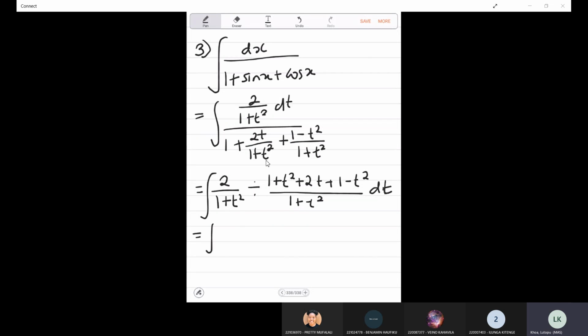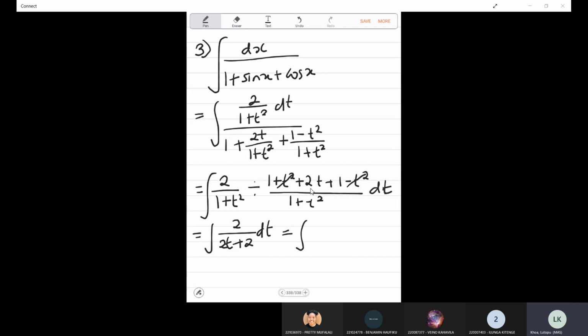This is the integral. The division changes to multiplication, and we can see that the 1 plus t squared and this one will cancel. Same thing here with the t squared and the minus t squared, those will cancel. Then I will be left with 2 over, in the denominator I have 2t plus 2, and dt, and we can see that 2 is a common factor, so you can cancel that out.